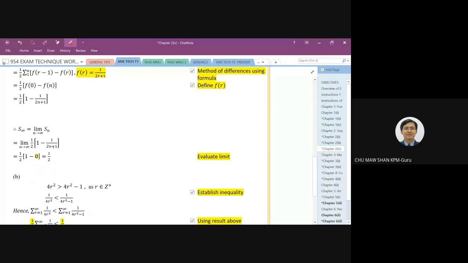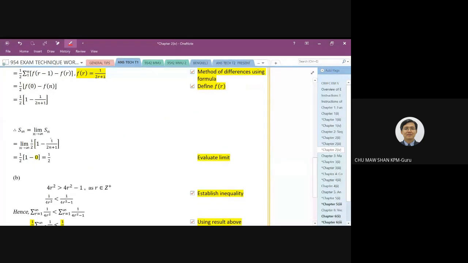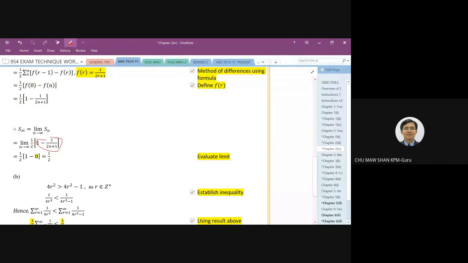So that's why to deduce I use this form instead of the simplest form. In this form, you can easily investigate the limit when n tends to infinity. 1 over 2n plus 1, if n is infinity, it will tend to 0. So you indicate 0 here. 1 minus 0. So finally, half.